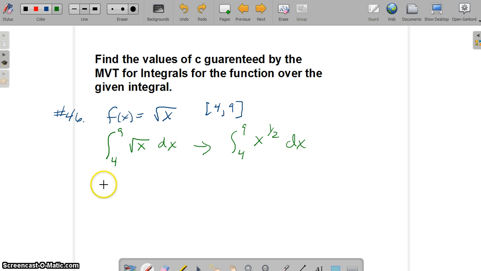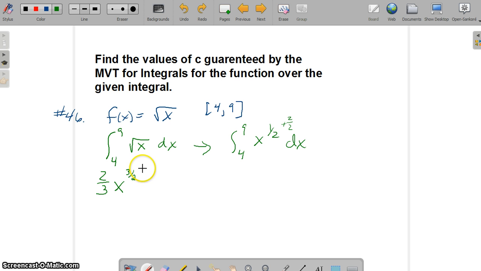Then when I integrate it, I have to add 2 over 2 to the exponent, and I get x to the 3/2. Then I divide that by 3/2, but instead I'm just going to multiply it by 2/3. So basically I've just integrated that.